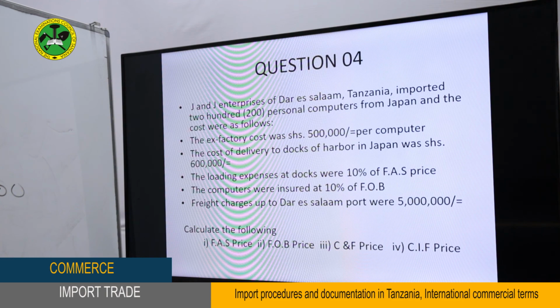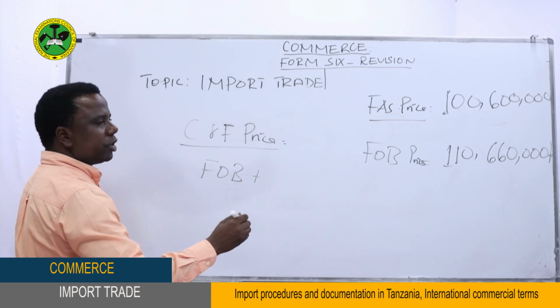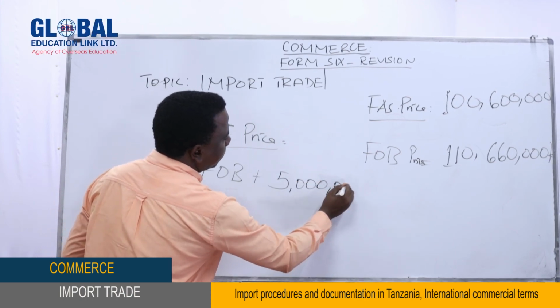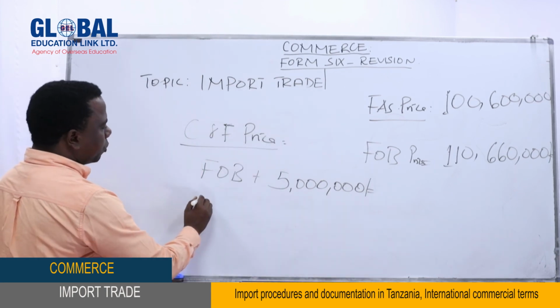So just take the FOB, then you add the freight charges, which is 5 million.